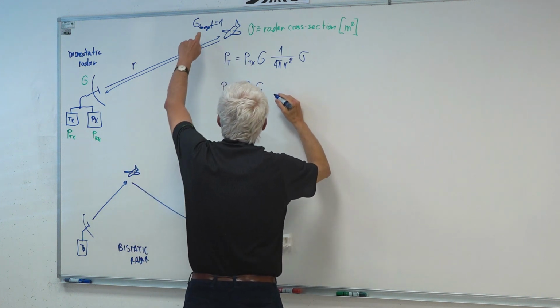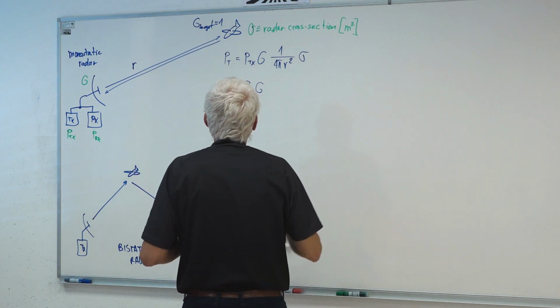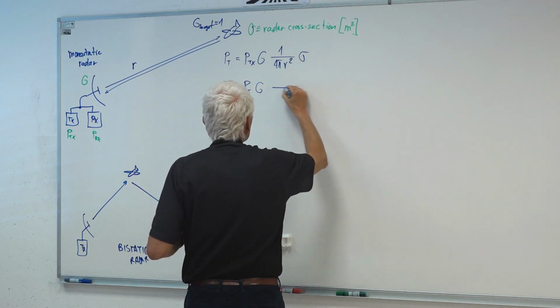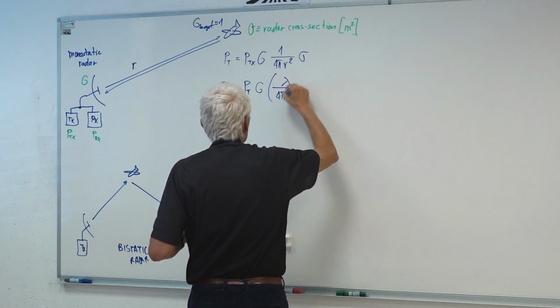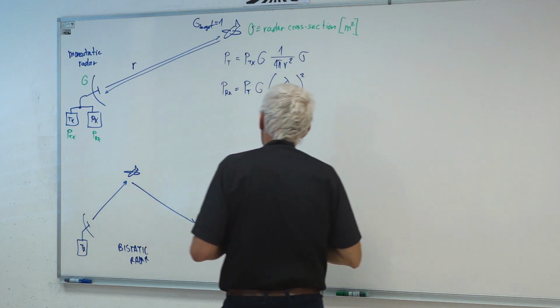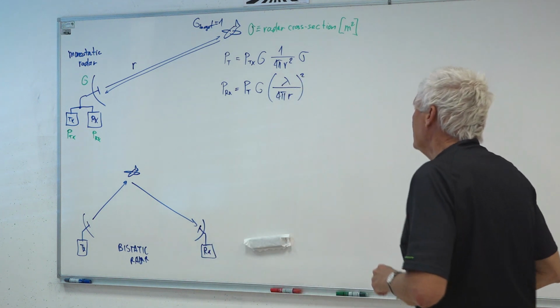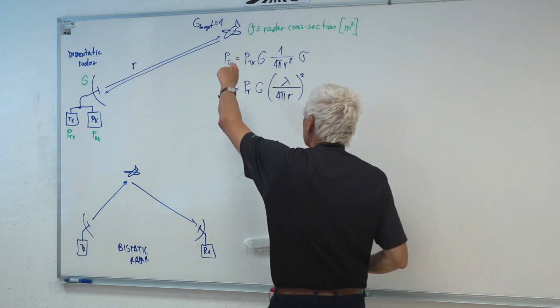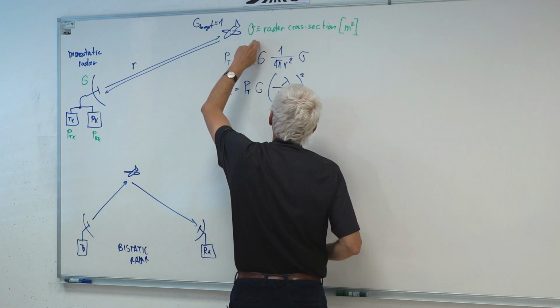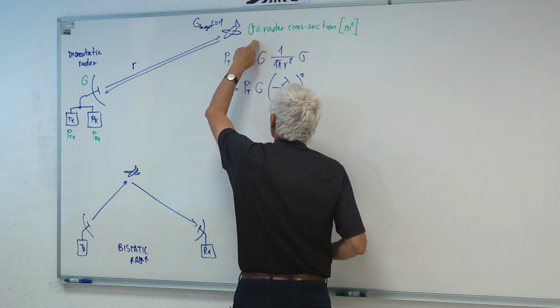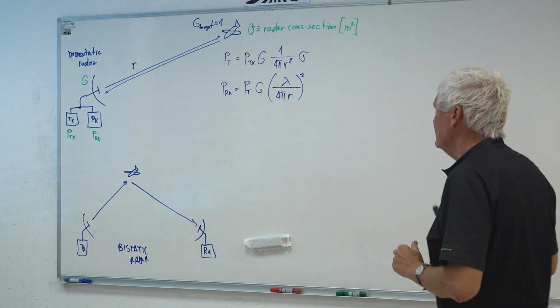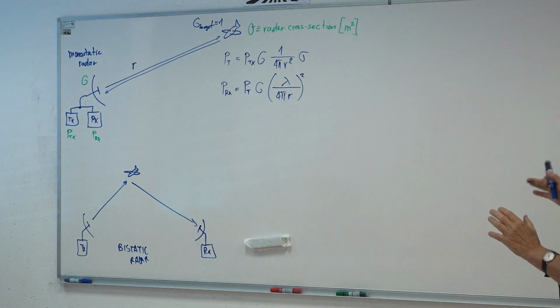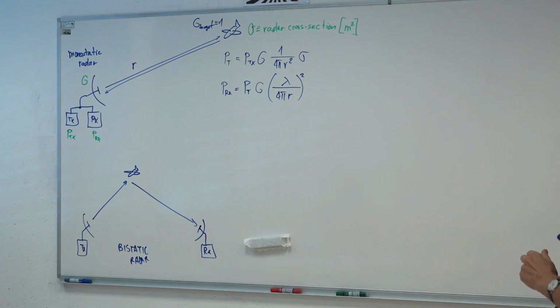Times this G target that's equal to 1. And the factor lambda over 4 pi r, squared, to complete the Friis equation. Because according to the definition of the radar cross-section, the target has an omnidirectional pattern. So we assume that the target is scattering this transmitted signal in all directions equally.